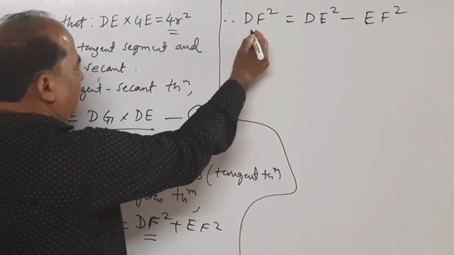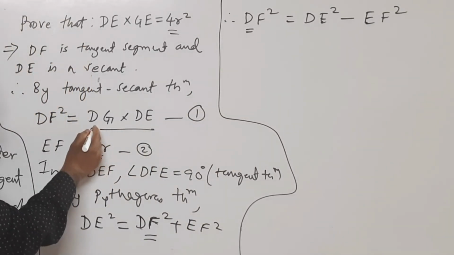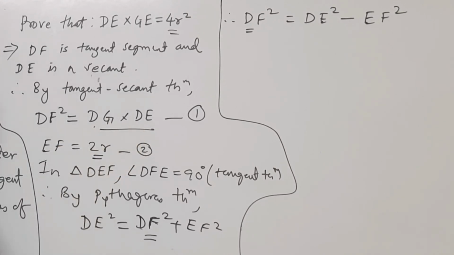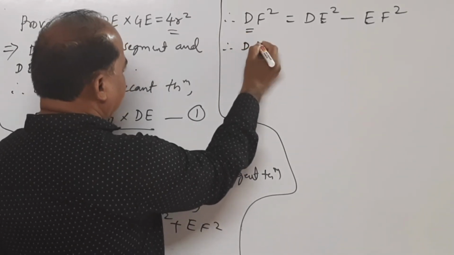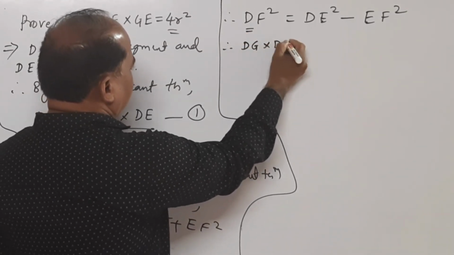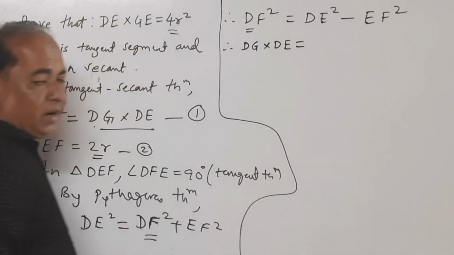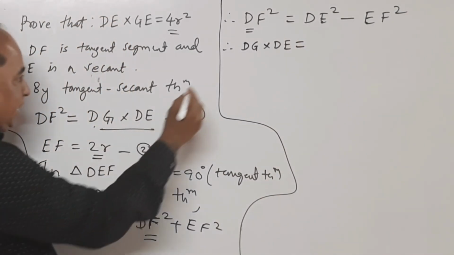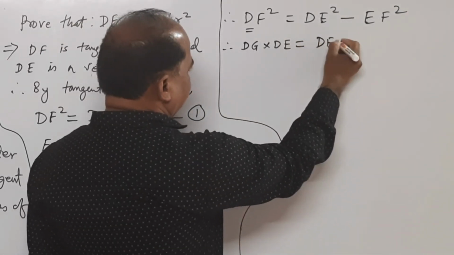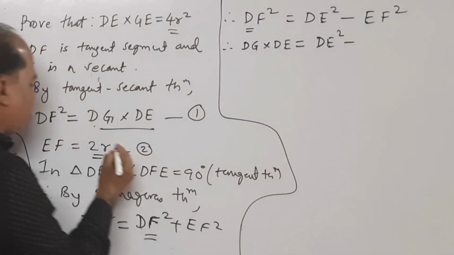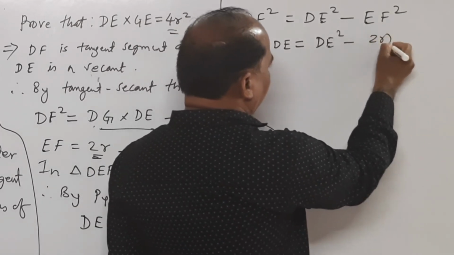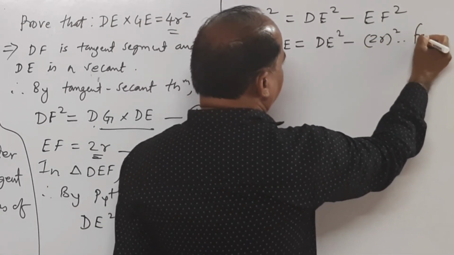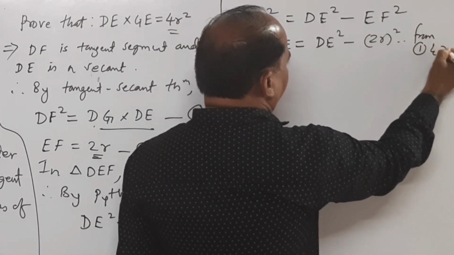So we replace DF square as DG into DE, and DE square as it is, minus EF, which is 2R, so we write EF as (2R) square.